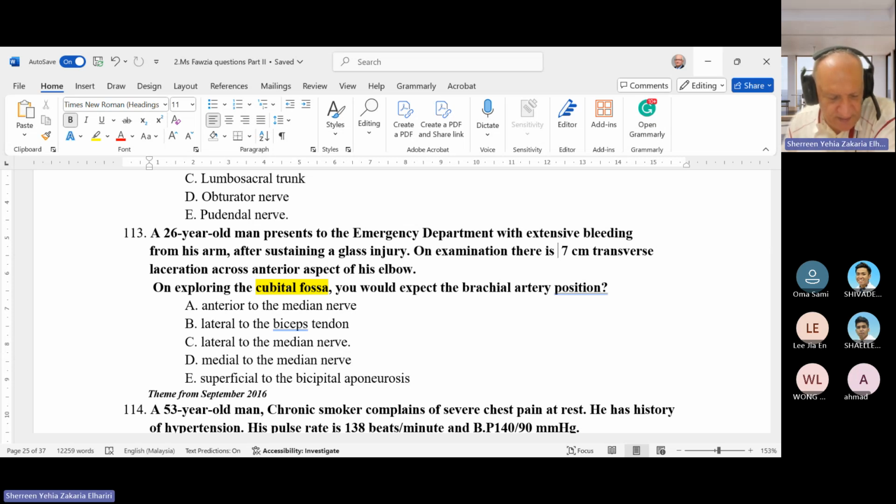Lateral to the biceps tendon. It is not lateral; the biceps tendon is lateral to it. Lateral to the median nerve is correct because the median nerve in this position becomes medial to it, so the artery is lateral. So the answer is lateral to the median nerve.